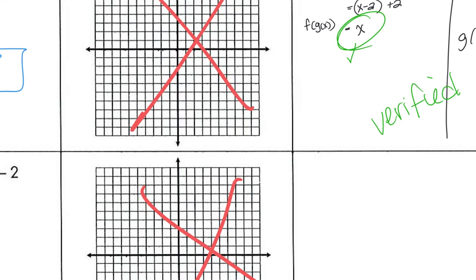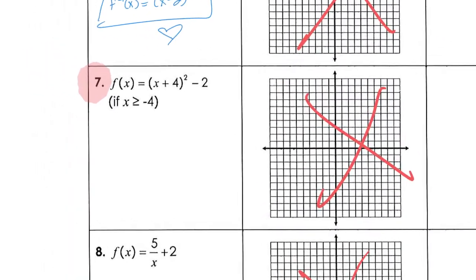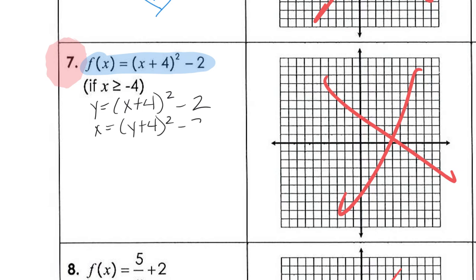Let's do one more. Again, it's not too shabby, but it does involve an exponent, which is also going to involve a radical. So I want to make sure you can see both. So if my original function is f of x, I'm going to go very quickly on those steps to find the inverse. Notice we do have a restriction here, and that restriction will follow us for the entirety of the question. So I'm going to switch my x and my y, and I'm going to start solving for y.